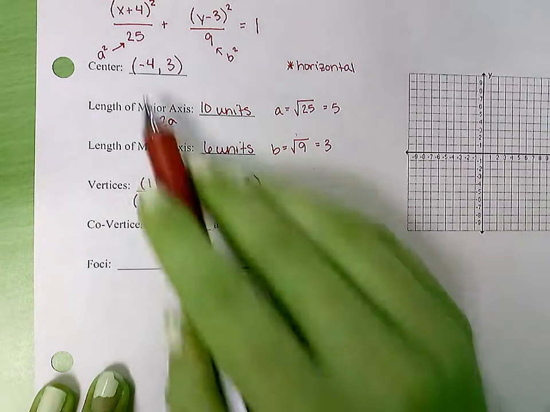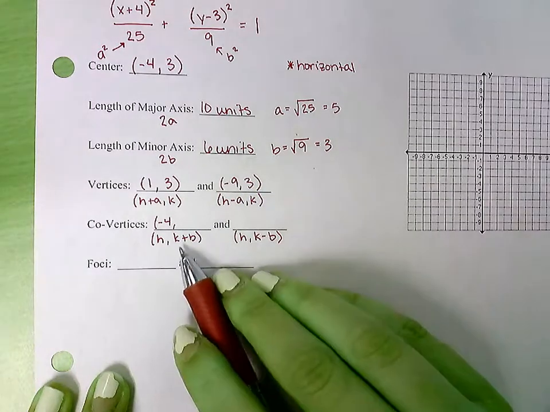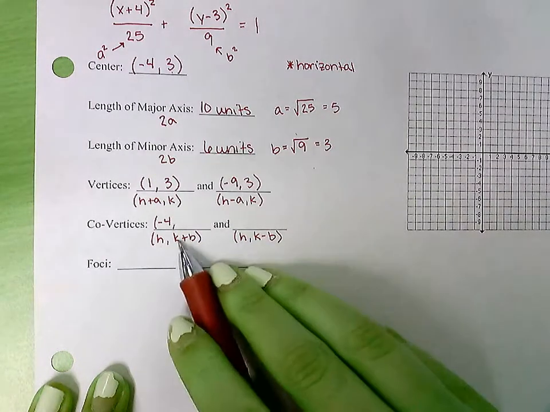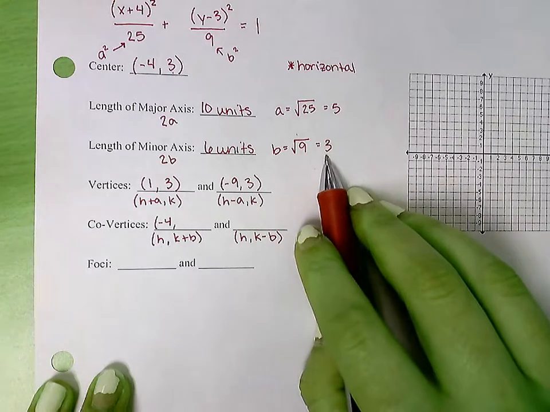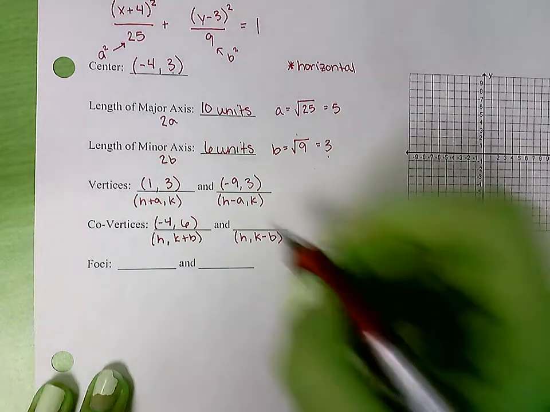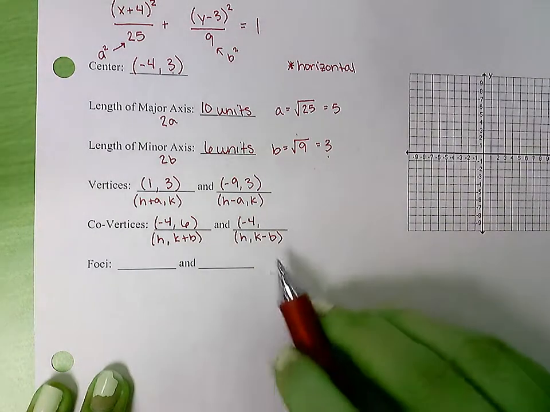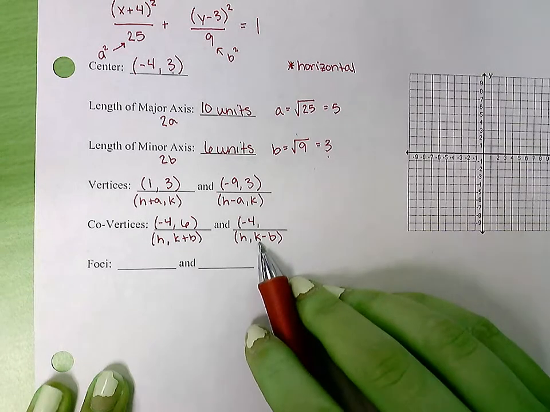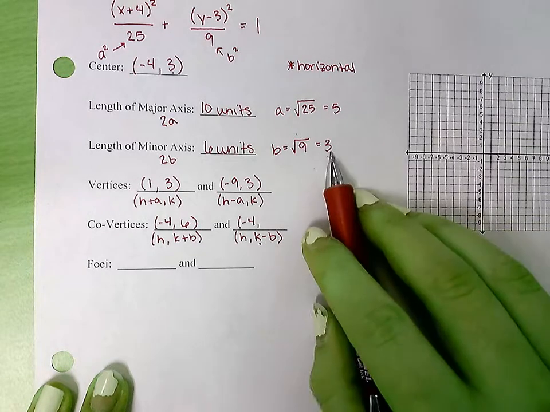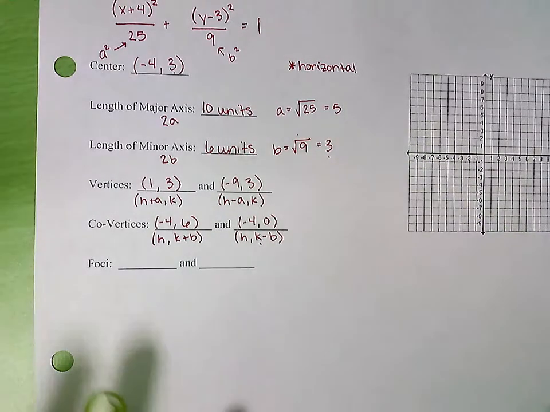So my h value stays the same, that's at -4. k is 3. We'll add on 3 for b, so that will be 6. Again, h stays the same at -4. And then we'll take 3 for our k and subtract 3, which is b, so 0.